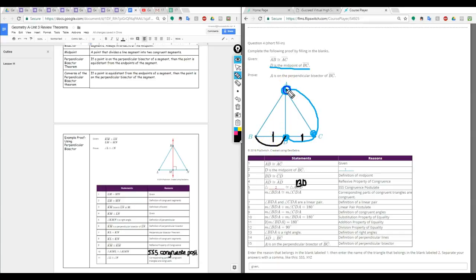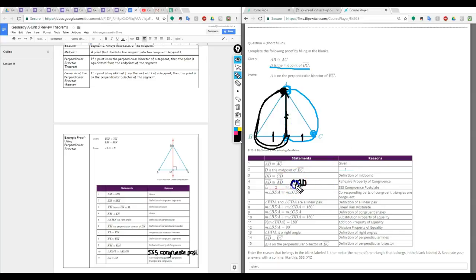The first segment is A to B, B to D, and then D back to A, because they stated that AD was congruent to itself.